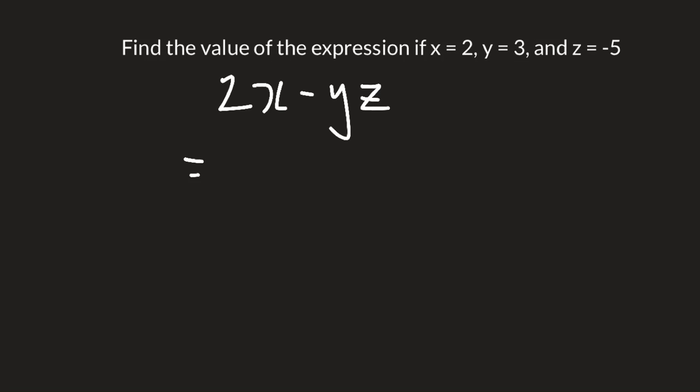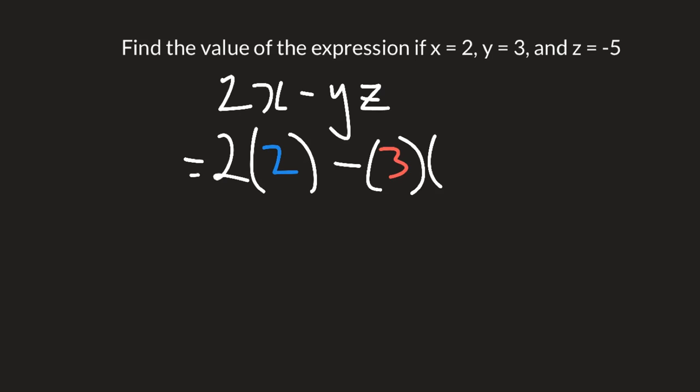So this equals 2 bracket my value for x, which is 2, close bracket, minus bracket 3, close bracket, and then open bracket, z was -5, close bracket.